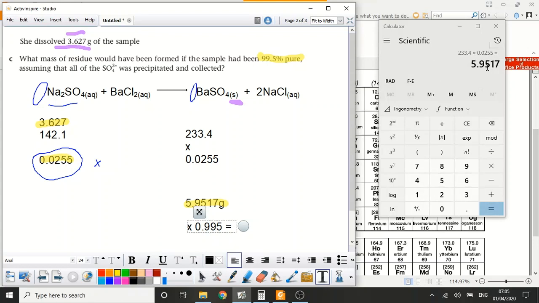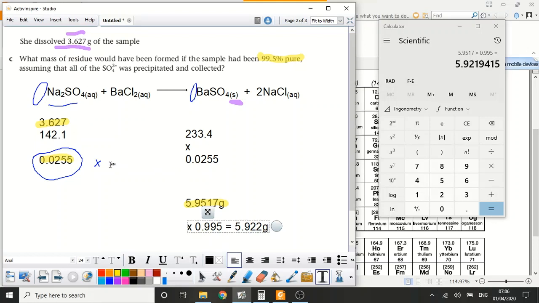If I take the answer we've just got and multiply it by 0.995, that should give us 5.922. So that's basically the grams that we were expecting to precipitate.